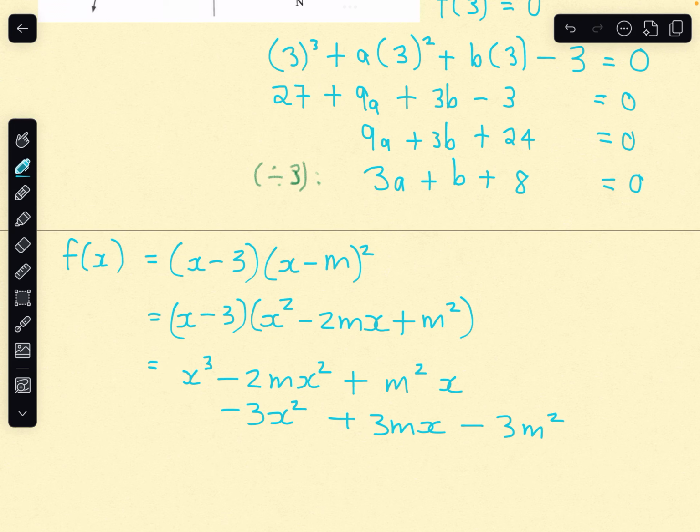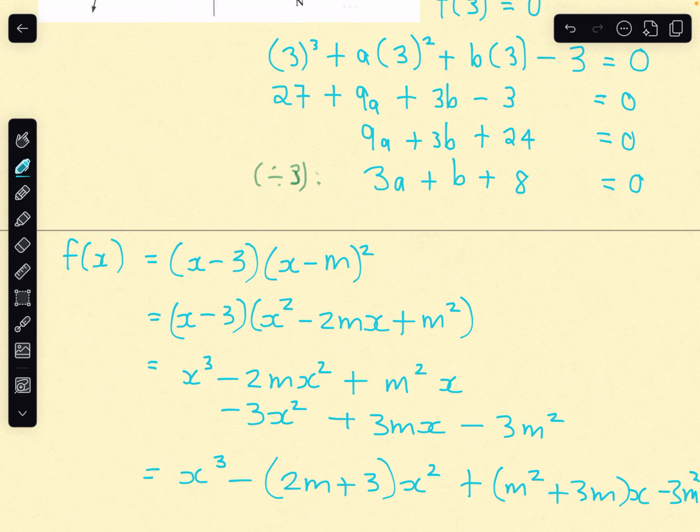Okay, so this is x cubed minus (2m plus 3) x squared plus (m squared plus 3m) x minus 3m squared. Okay, so that's another possible representation of f of x.